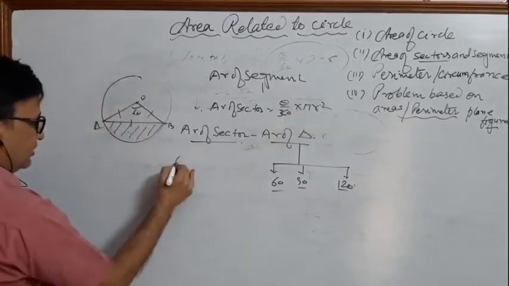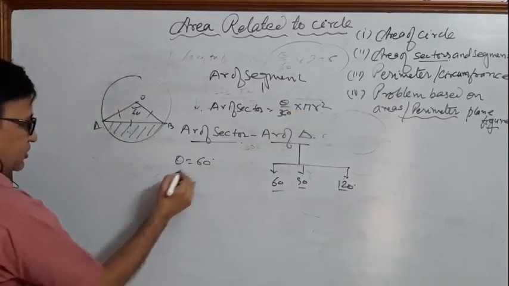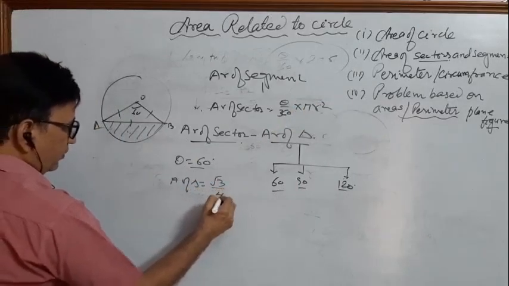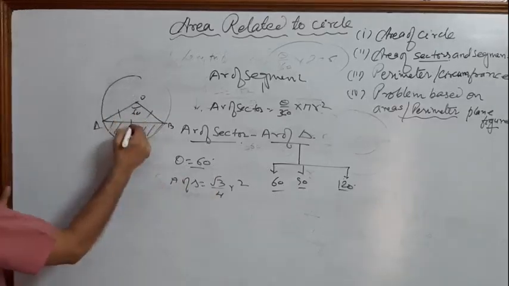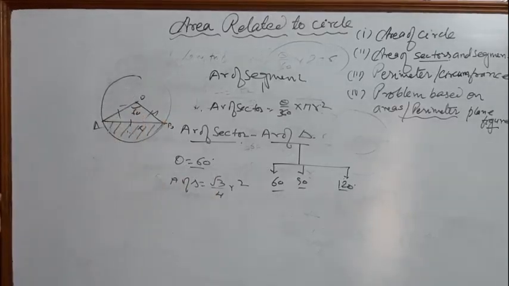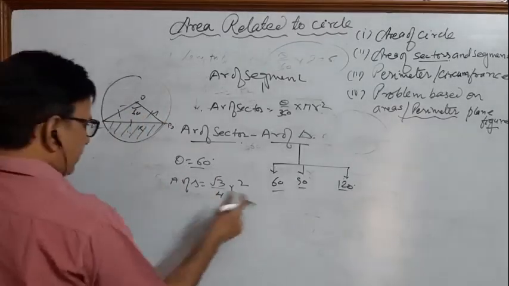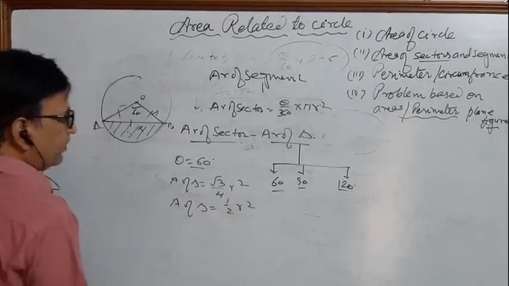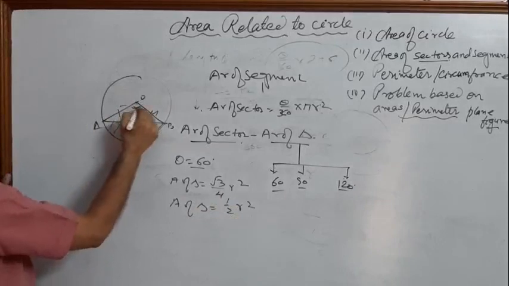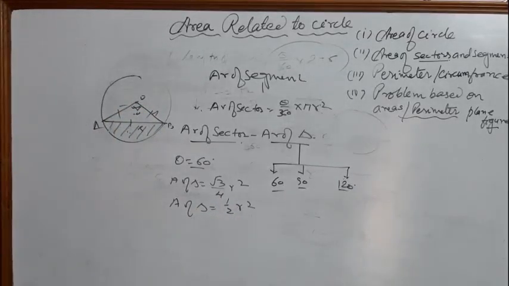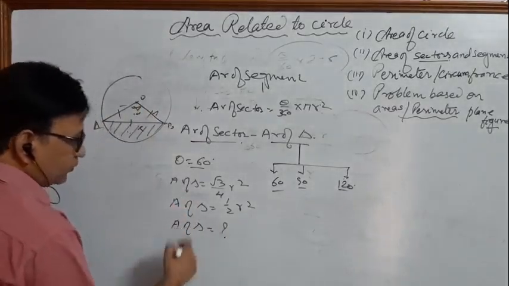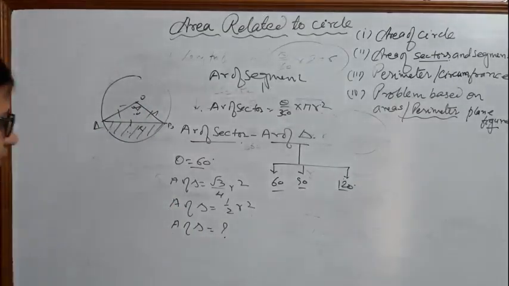When theta is 60 degree, then area of triangle is root 3 by 4 r square, because the radius is the same. When it is 90, area of triangle is half r square, because this becomes 90, so both the base and height are equal, half r square. When this is 120 degree, then find the area of triangle. We will see it in the next video.